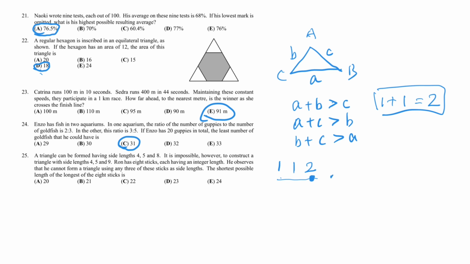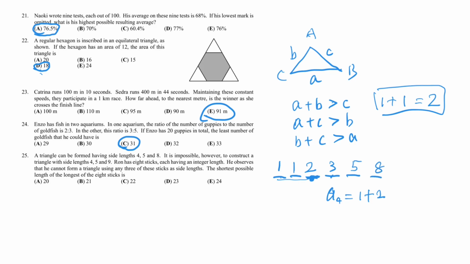So the fourth term equals the sum of the previous 2 terms. That's 1 plus 2. So that's the first term, second, third, and the fourth term is 1 plus 2, that's 3. And the next term is 2 plus 3, the sum of the previous 2 numbers, so that's 5.